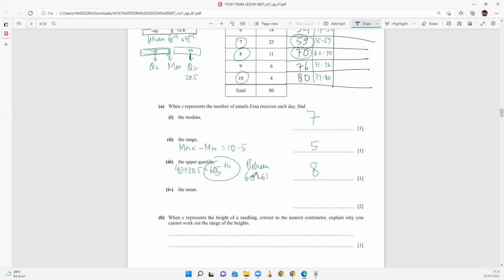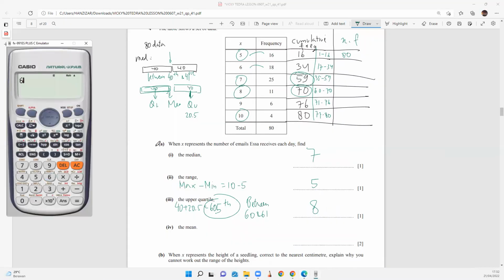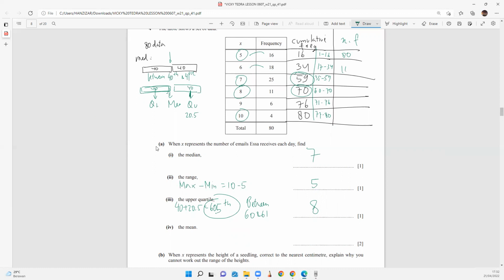And calculate the mean. So how do you do the mean? The mean. So if you are finding the average, what you need to do is try to multiply the x and the frequency. 5 times 16, 80, 6 times 18, 108. 7 times 25, 175.